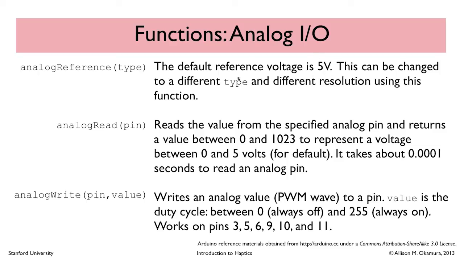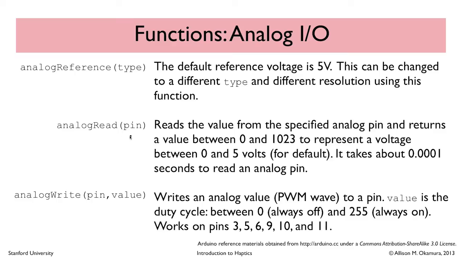You could change it to a different type, and so if you look up the details on the Arduino website of this function, it'll give you some different values that you could put in here, and that can change the type and resolution using this function. You won't need to use this in this class, but if you want to do further projects with your HapKit, you might want to be changing this.